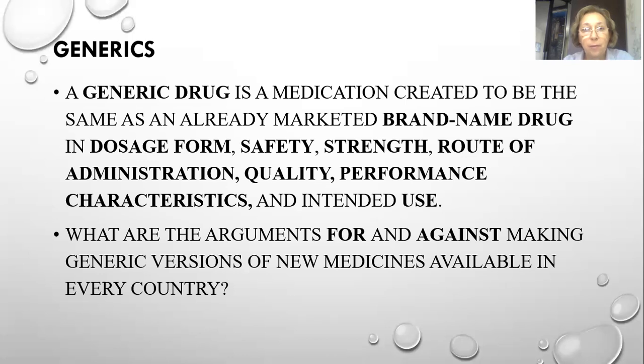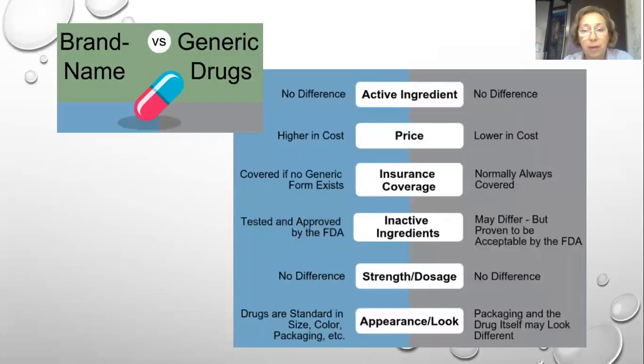Okay. Thank you. So if we move here, there is just a diagram that summarizes some points comparing brand name drugs and generic drugs. As you see, about active ingredient, there is no difference. About price, you've said that generic drugs are lower in cost.